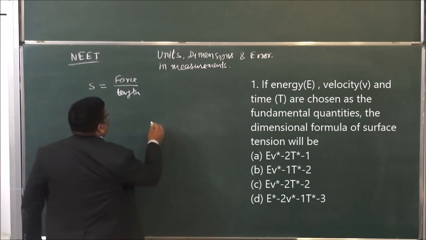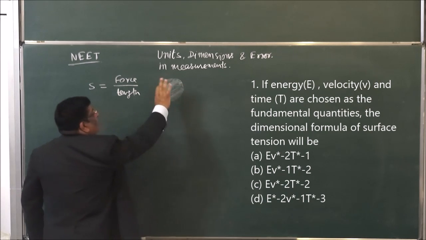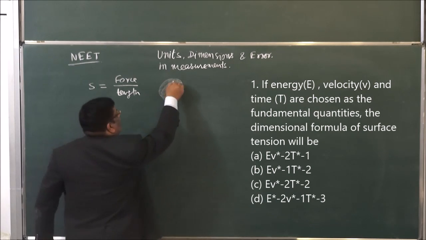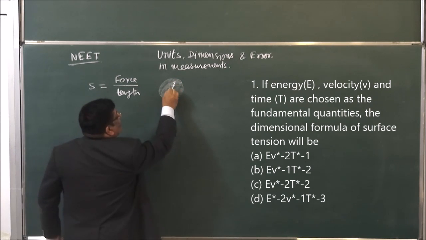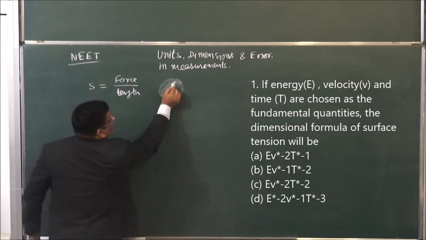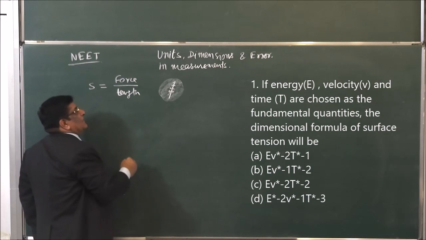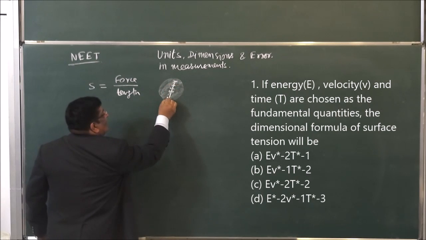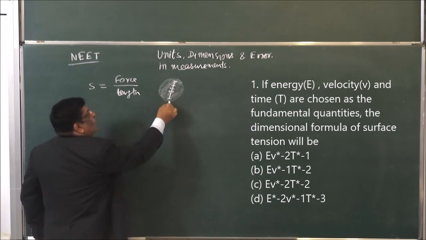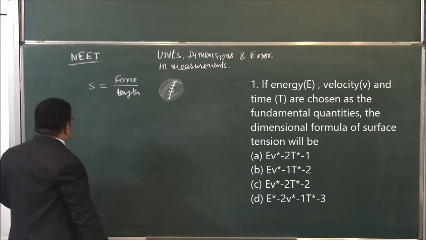We all know that if there is a surface full of molecules and we draw a line here, then the force between the molecules is surface tension. We calculate it by taking the total force of all the molecules divided by the length. This is, in principle, surface tension.